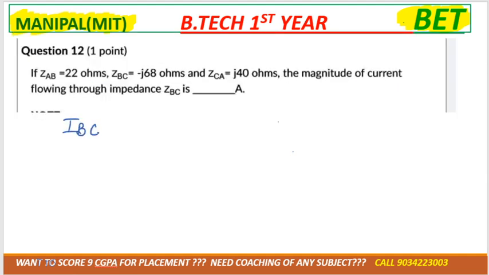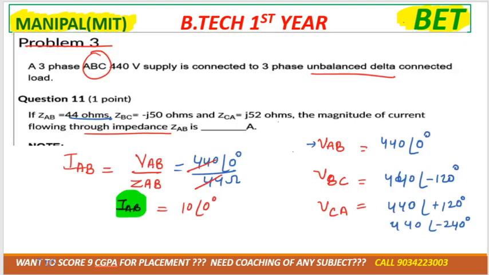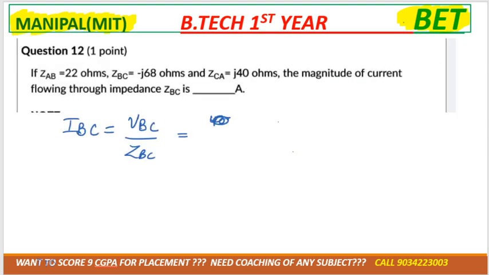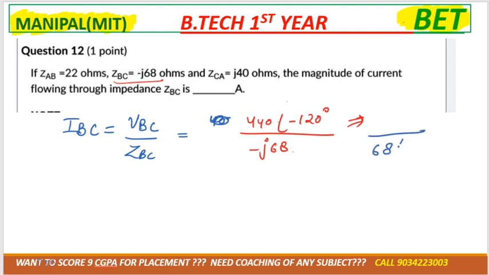In this case we need to calculate IBC, that would be VBC over ZBC. VBC is how much? The voltage is 440, the standard they have given. So 440 angle minus 120 degree, and ZBC is minus J68. If you solve it, you need to convert it into polar form. Then that would be 68 angle minus 90 degree, 440 angle minus 120 degree.